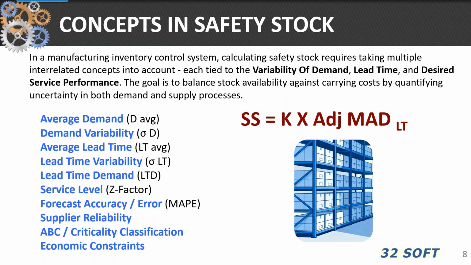So let's take a look at each of these concepts involved in the process of populating and utilizing safety stock, from average demand to demand variability, average lead time variability, lead time demand, service factor, forecast accuracy, supplier reliability, criticality classifications, and economic constraints. The basic safety stock formula states that the safety stock is equal to the service level times the mean absolute deviation of demand, adjusted for the difference between the lead time interval and the forecast interval.